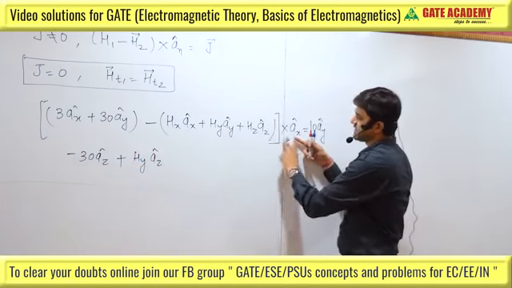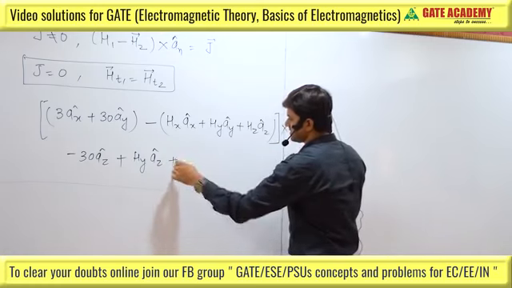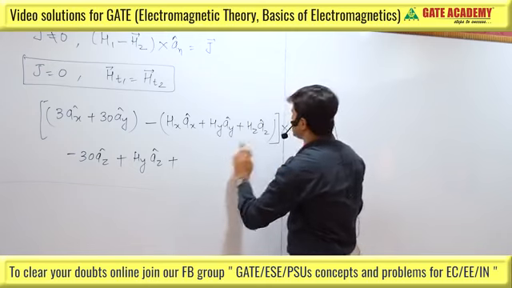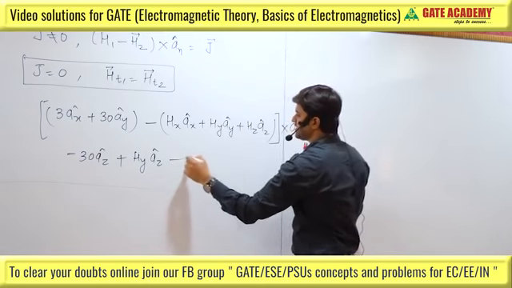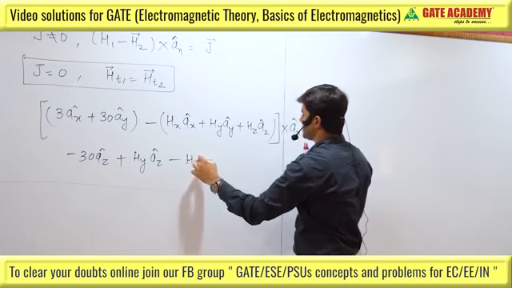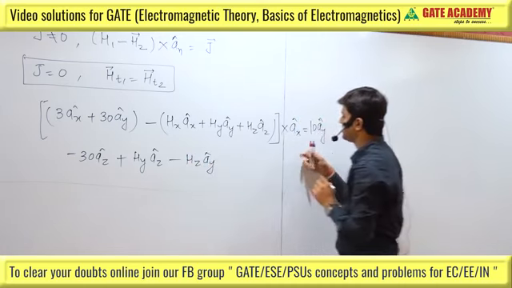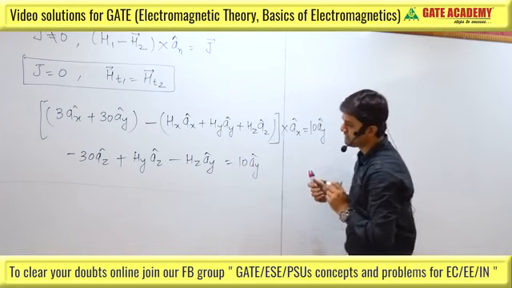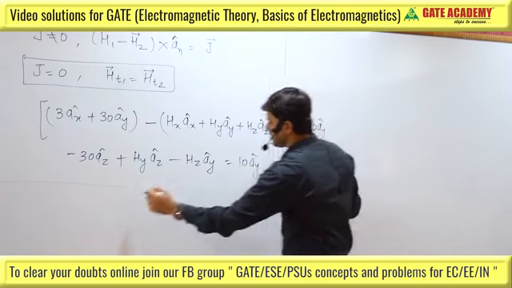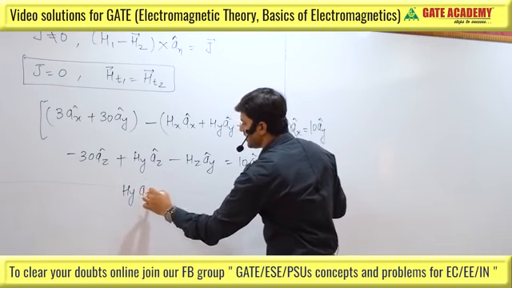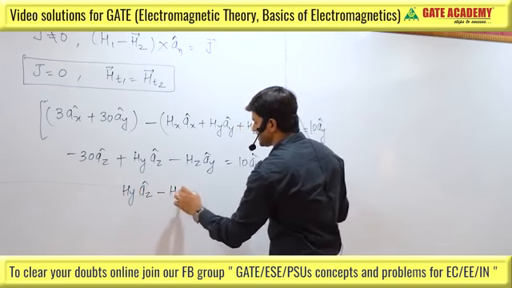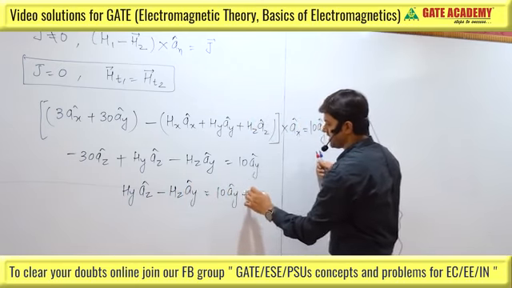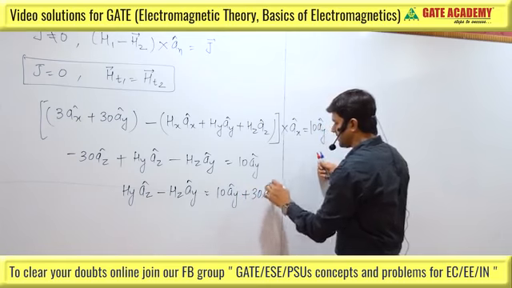And z cross x is plus ay, so with the minus sign this is minus Hz ay, and this is equal to 10 ay. Now we have Hy az minus Hz ay equal to 10 ay plus 30 az.